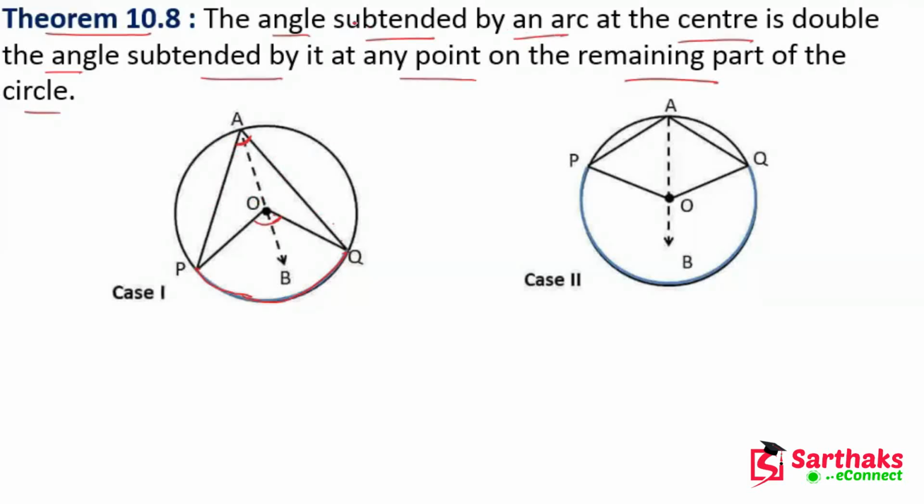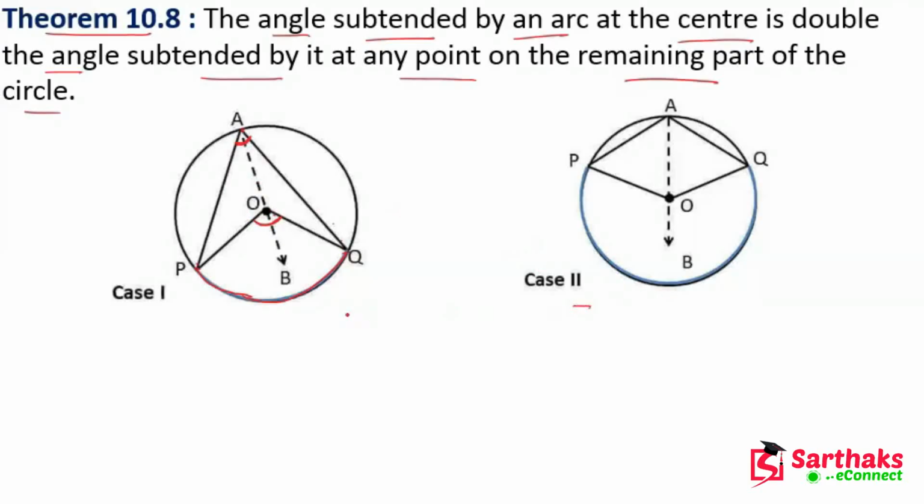So the angle subtended by an arc at the center is double the angle subtended by it at any point. The angle subtended by this arc at point A, so this angle is equal to twice this angle. I hope you understand these things.